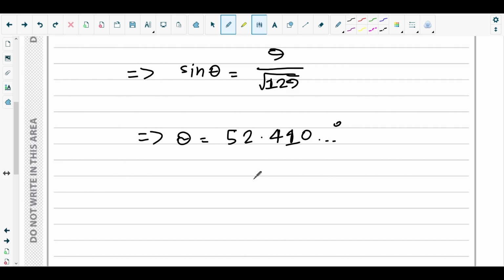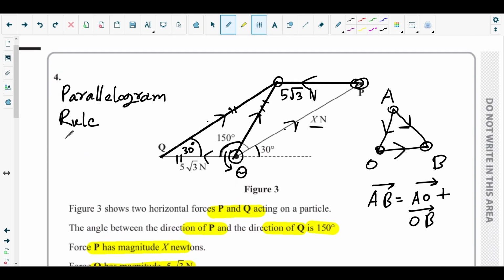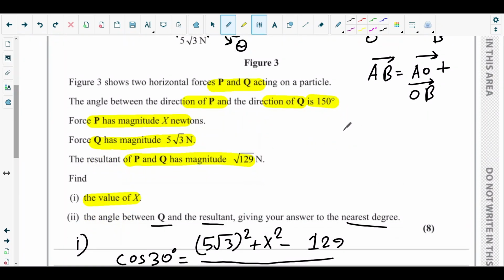No, we are not done yet. Why? Let's consider one thing. Look, we know that the value for sine theta and the value for sine of 180 degrees minus theta is basically the same, right?